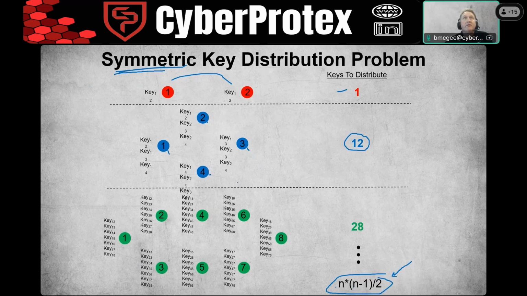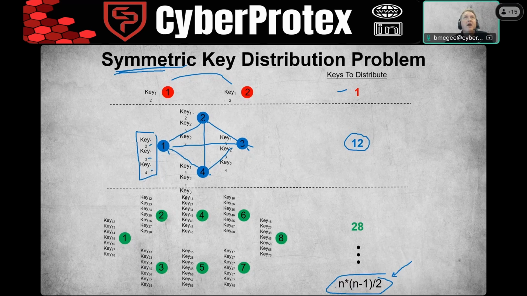In this particular case, it's almost like a mesh network. Each person would need to have different ways that they would communicate to each other. So person 1 would need to have a key for 2, a key for 3, a key for 4.